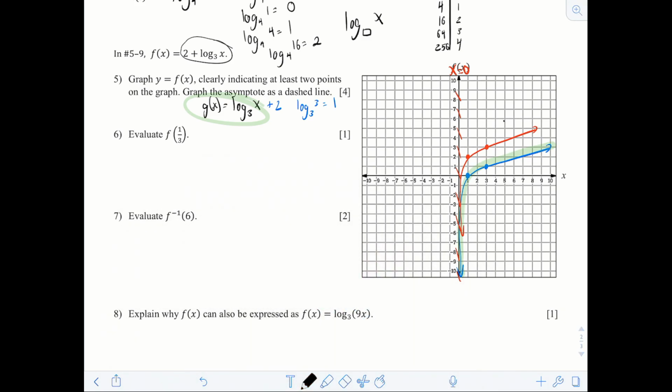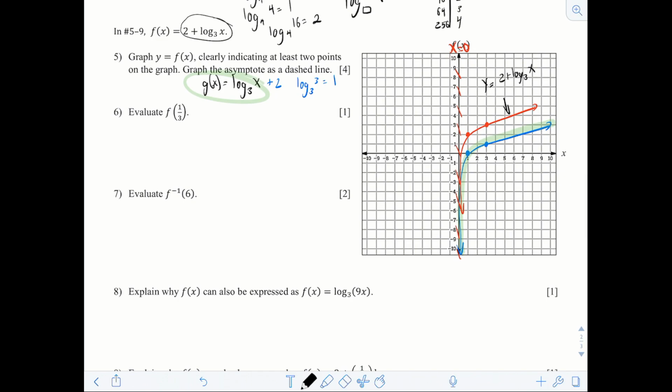So the red is my y is equal to 2 plus log base 3 of x. Then it says evaluate f of 1/3. So I'm going to write this as f of 1/3 equals 2 plus log base 3 of 1/3.